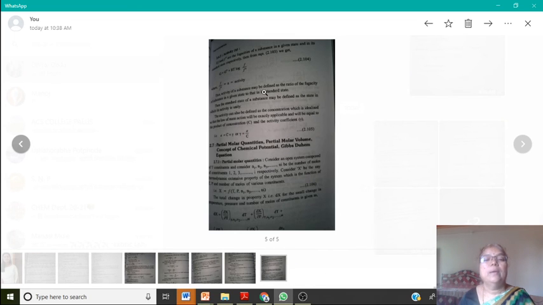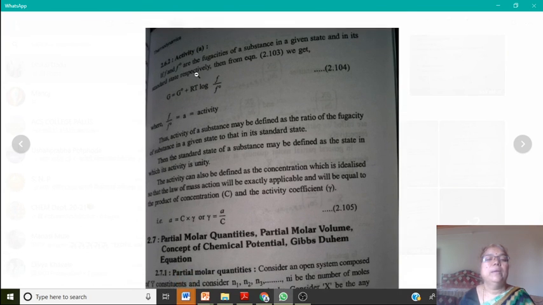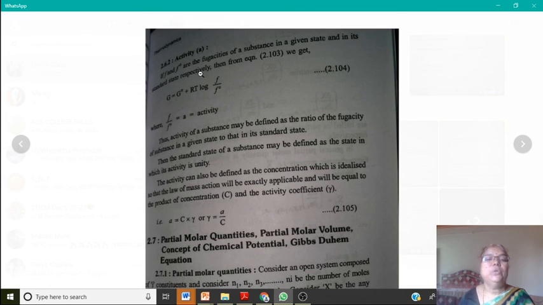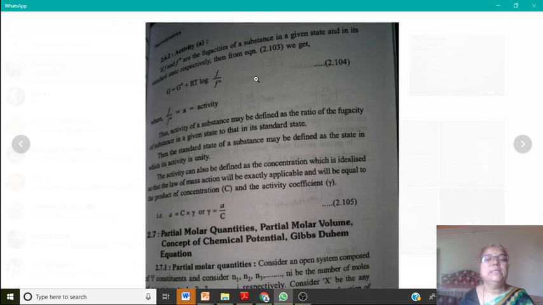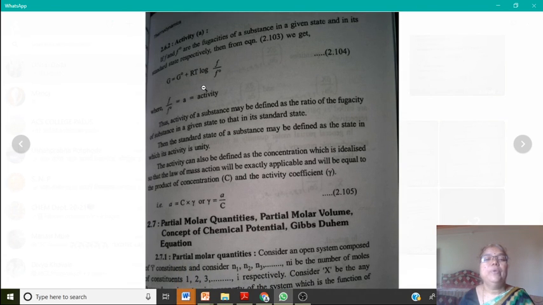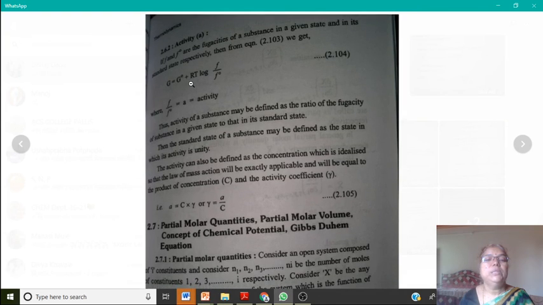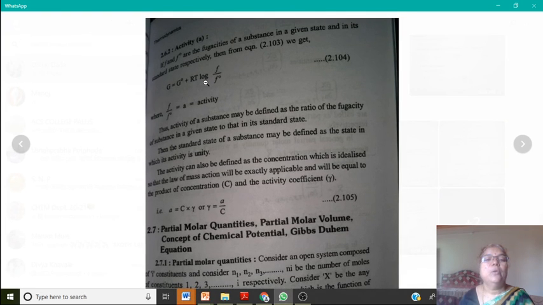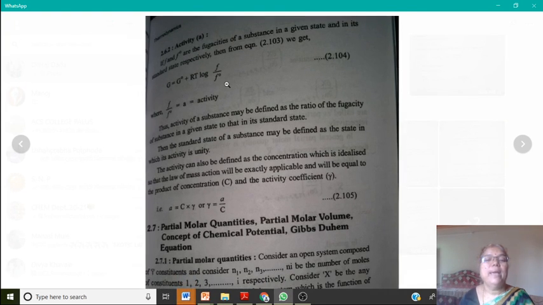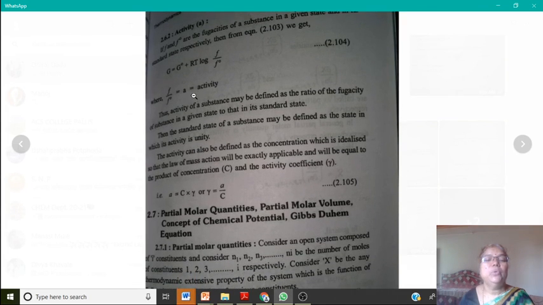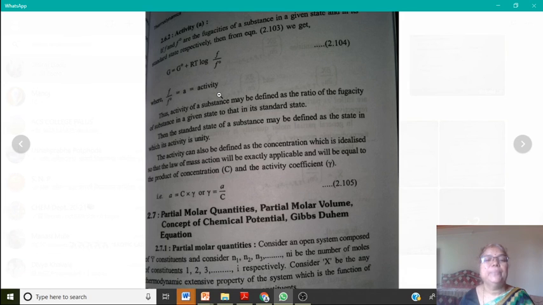Then if f is the fugacity in any state and f0 is the fugacity in a standard state, we can write the equation G equals G0 plus RT log f by f0, where f by f0 equals activity.